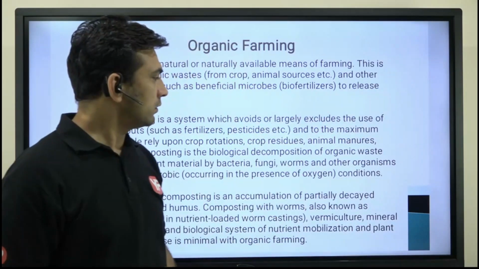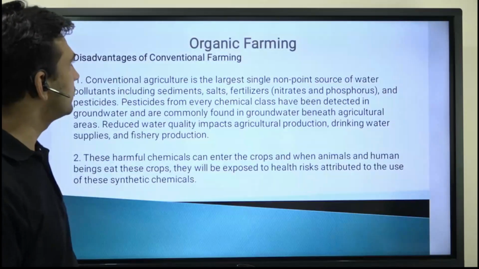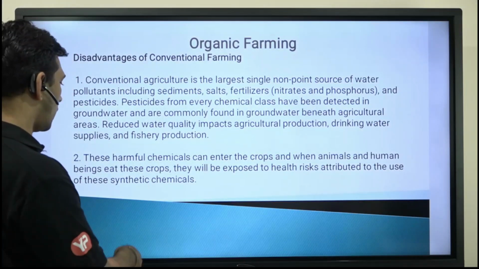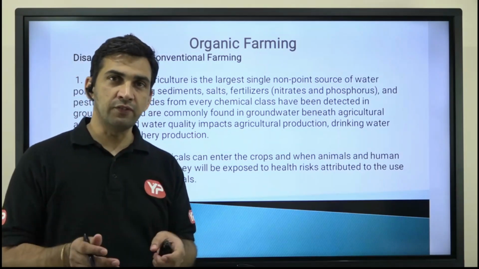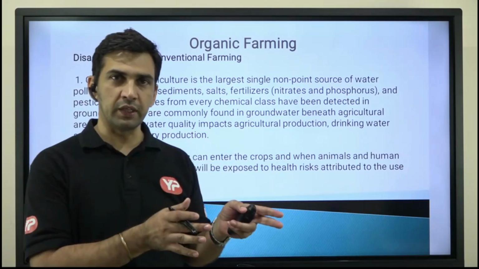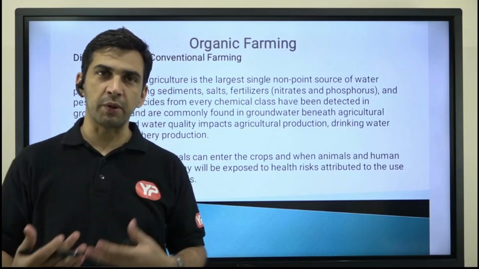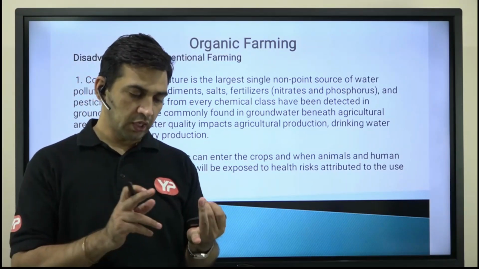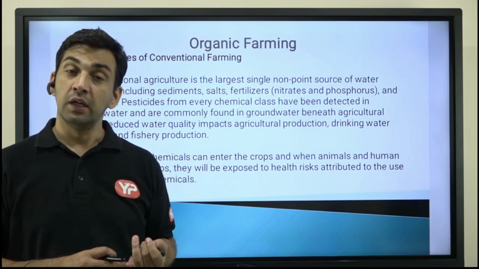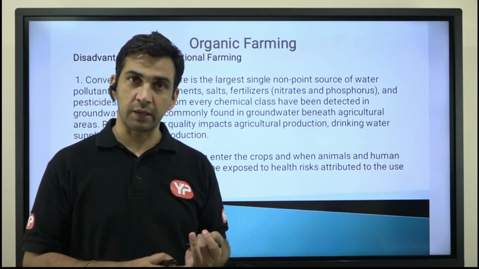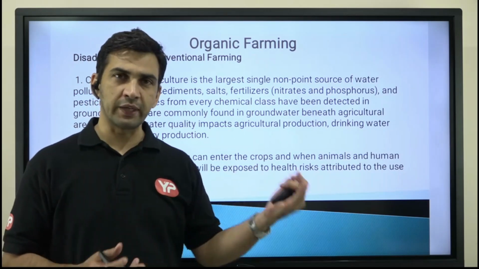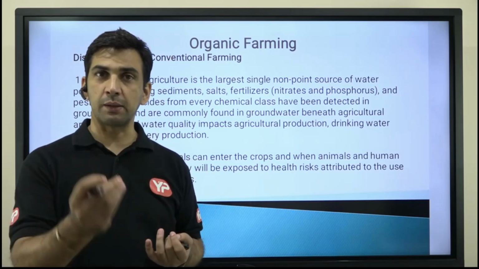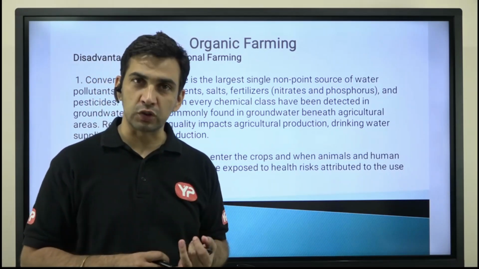Okay, now let us see the disadvantages of conventional farming, which we have already discussed. Conventional farming, as I mentioned, is whatever farming practice you are adopting nowadays, in which you make use of chemical-based fertilizers, chemical-based pesticides, and all those. So, for example, you have polluted the soil.